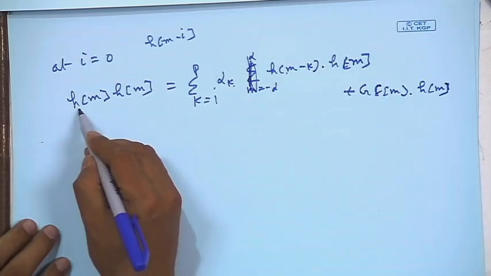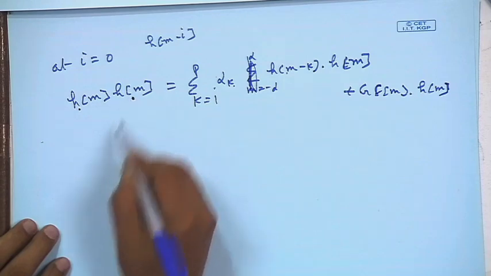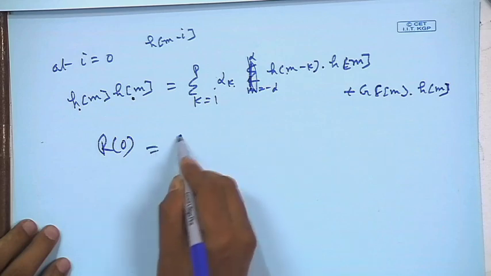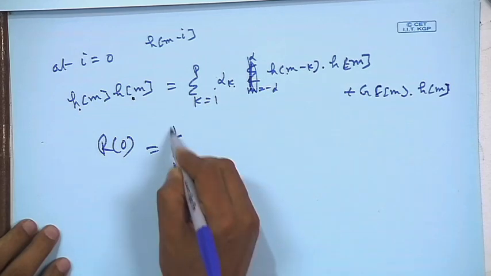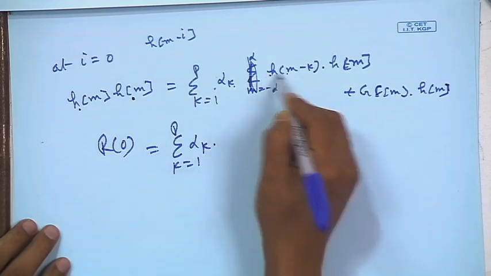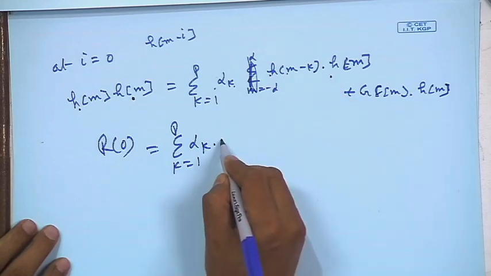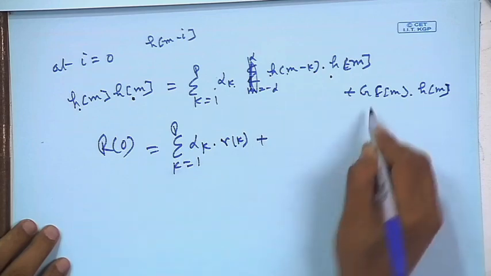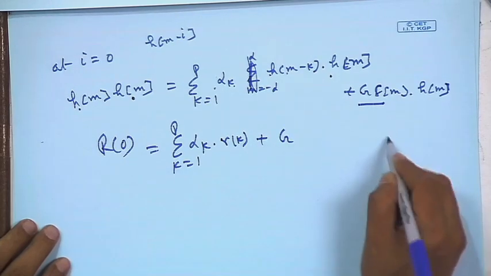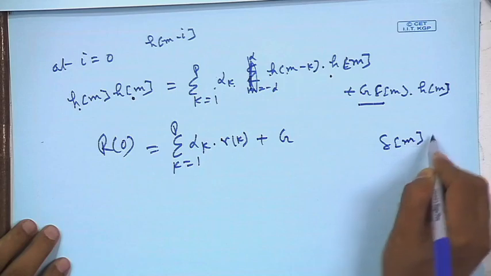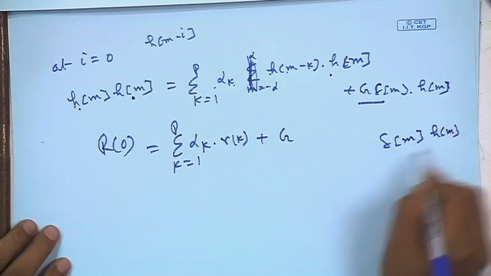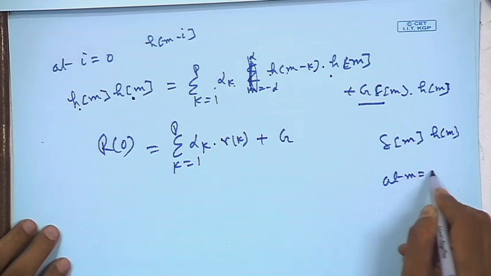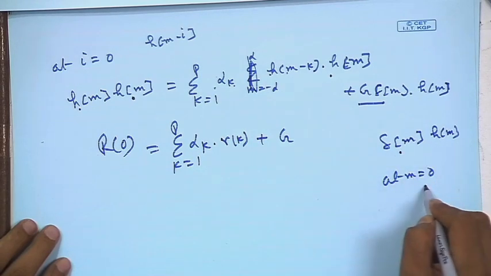Now, h(m) into h(m) is nothing but the autocorrelation R0, minus the sum over k equal to 1 to p of alpha_k, this is nothing but R_k, plus this is g, and what is delta(m) and h(m)? Delta(m) only exists at m equal to 0.